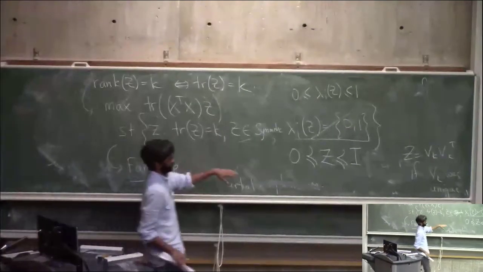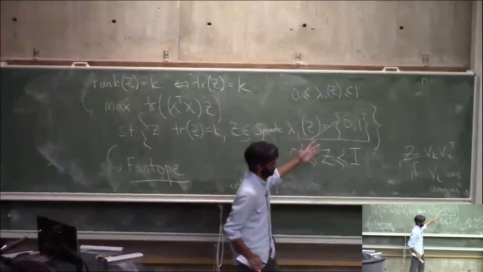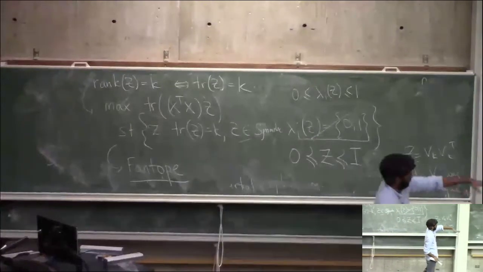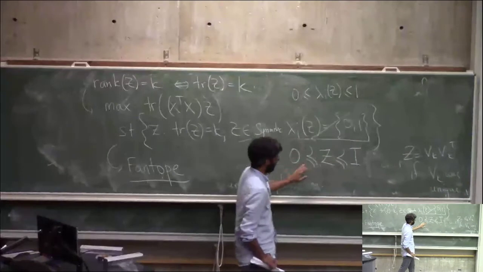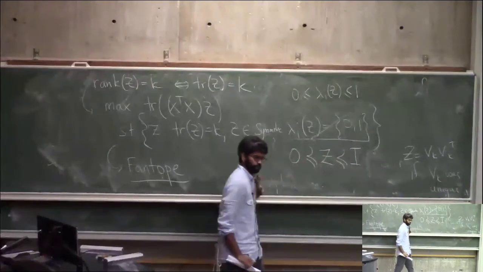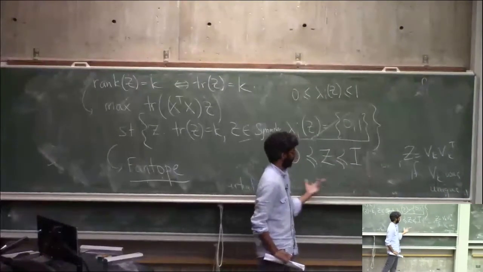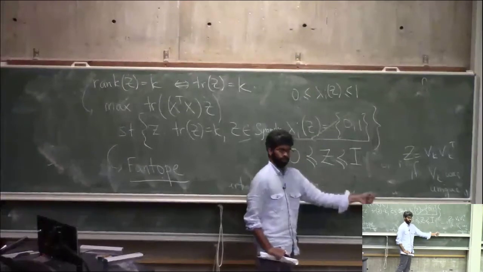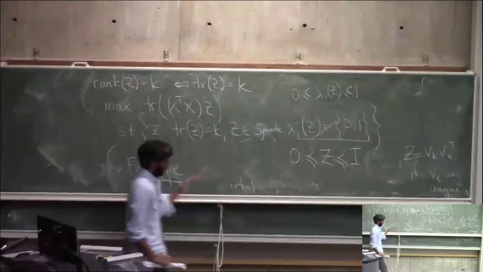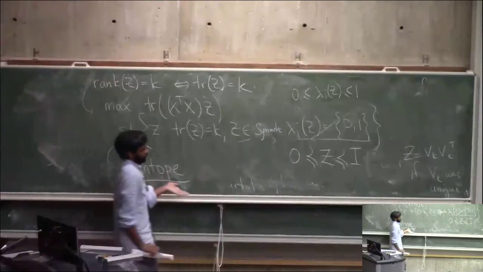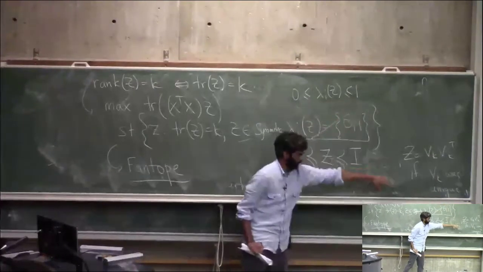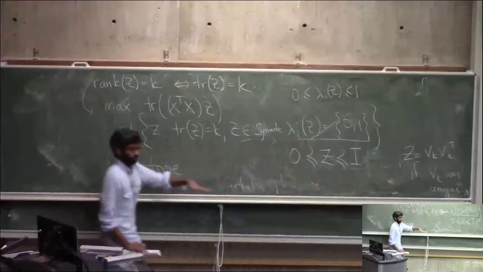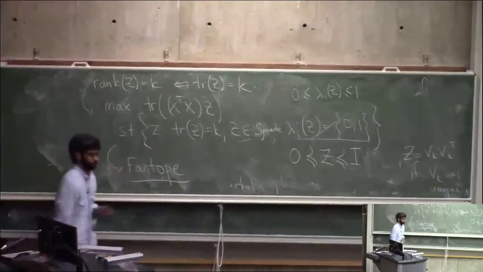It's tight. If you optimize this, you will never pick an eigenvalue that's strictly between 0 and 1. You'll either use that direction fully or not at all. So at optimum, all the lambda i's will either be 0 or 1, and exactly k of them will be 1, at least provided the original problem has a unique solution.